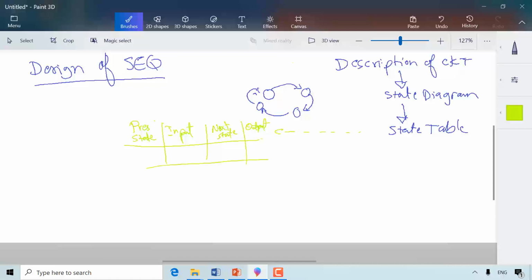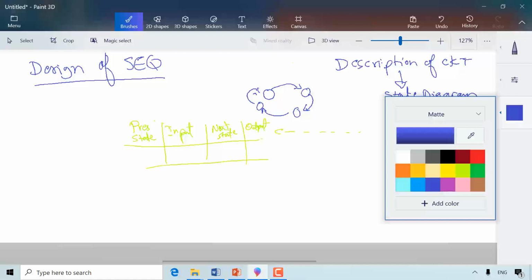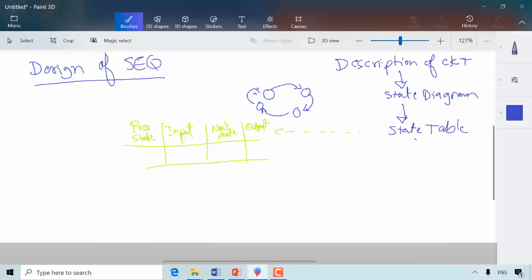Then from the state table, we do some kind of assignment of binary codes to the states.